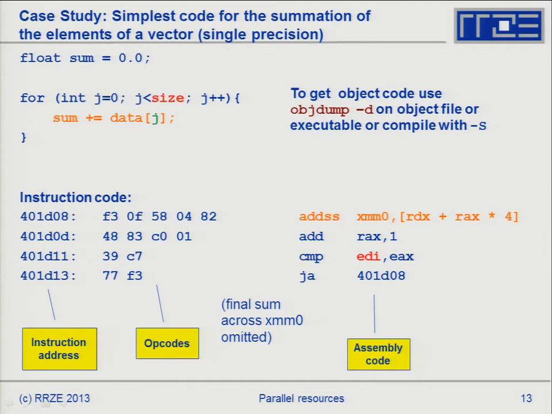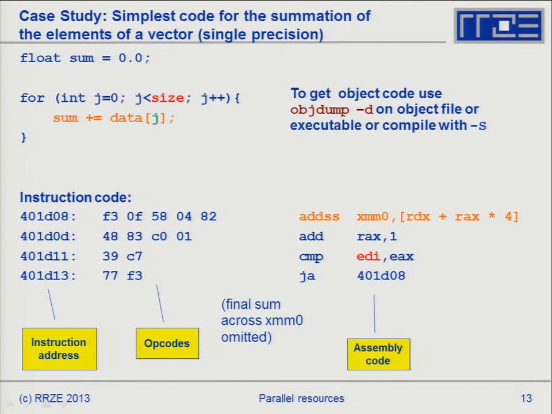The first S says scalar, so this is scalar code, not vectorized. If it were vectorized, I would see P here. It would be addPS. So it's addSS. And the second S stands for single precision. If I had double precision code, it would say addSD for scalar double.